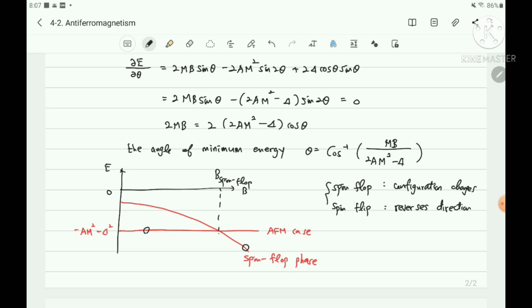Because we already solved the ferromagnetic problem, the antiferromagnetic problem can be more easily solved, in terms of the sign of the interaction. The interaction sign is different.